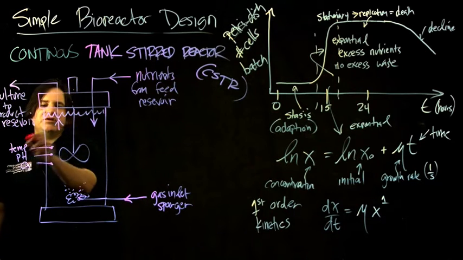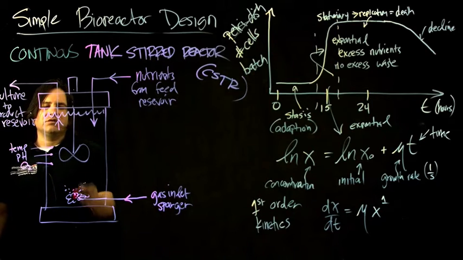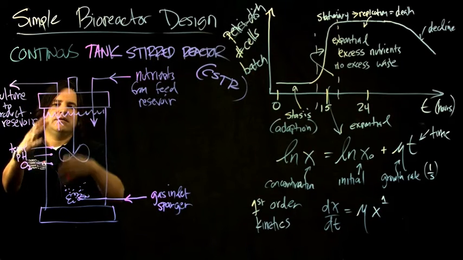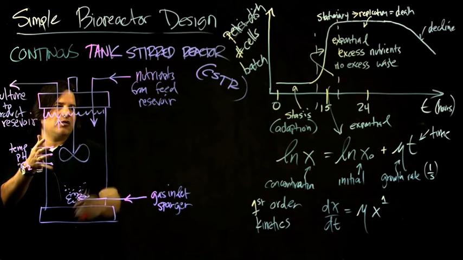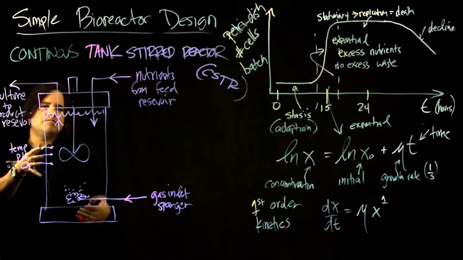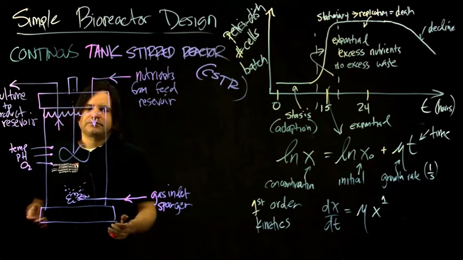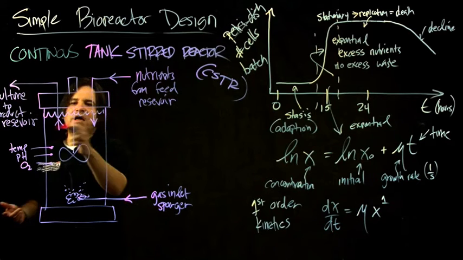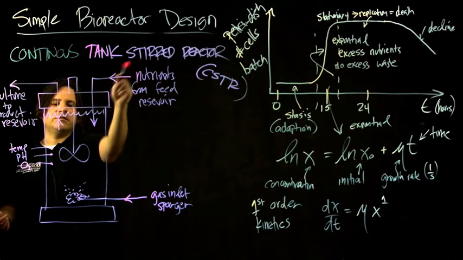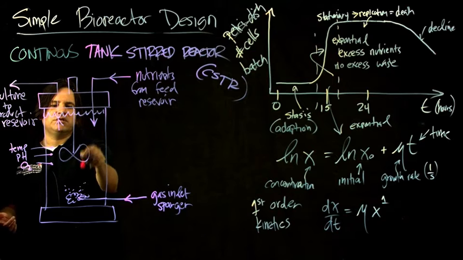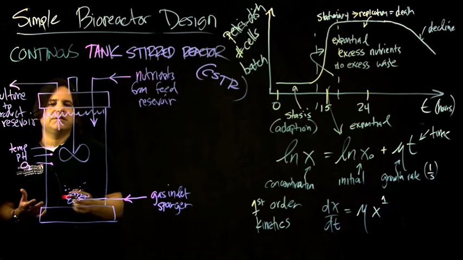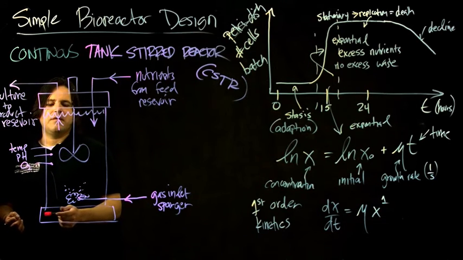You need to keep the temperature constant throughout. You need to keep the pH constant throughout. So there's a mixing design that it needs to do, which can be a mechanical problem, because you can imagine if there was not even mixing around here. That's why the stirring is important, because you need to do something to actively keep everything mixed. So that's what the stirring is about.